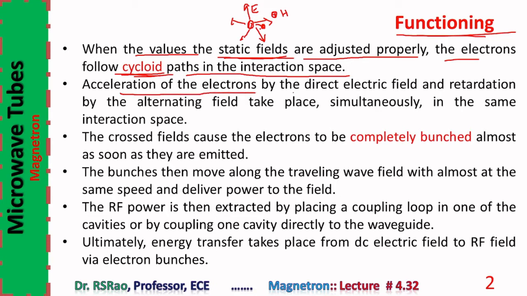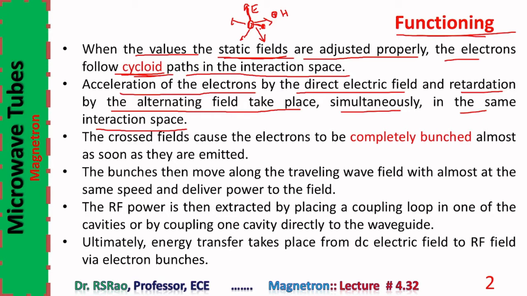Acceleration of the electrons by the direct electric field and retardation by the alternating field take place simultaneously in the same interaction space. Notice the purpose of the electric field is to accelerate the electrons, or to give energy to the electrons. Initially, when they are emitted, the energies of the electrons are very small, but the electric field gives acceleration to the electrons, raising their energy levels.